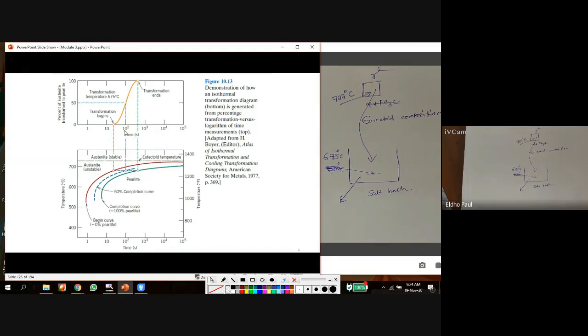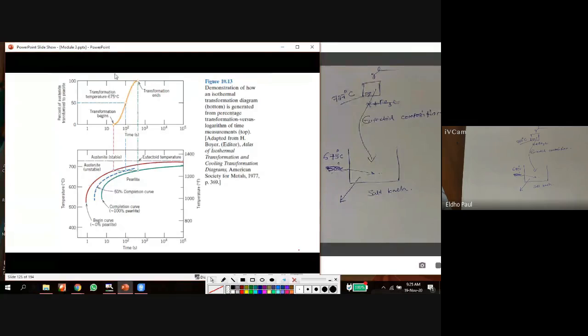Okay, so at this point, the gamma particle is 100% austenite. But with increasing time, the gamma particle slowly changes into another microconstituent. At this point, the transformation ends. That means 100% of the gamma particle is converted into another microconstituent. Okay, and this is 50%. That means 50% of the austenite or gamma particles are converted into another microconstituent.